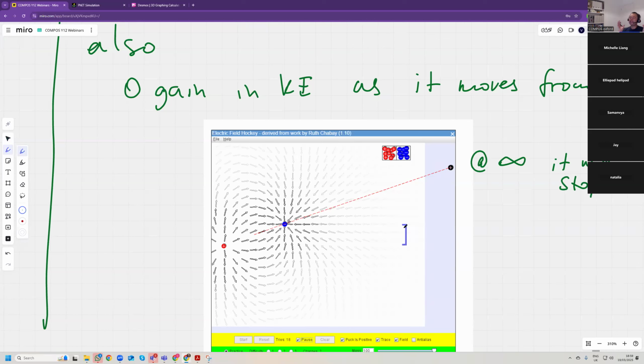Okay, then what does it mean that at infinity it will stop? Technically, that means it will never stop.